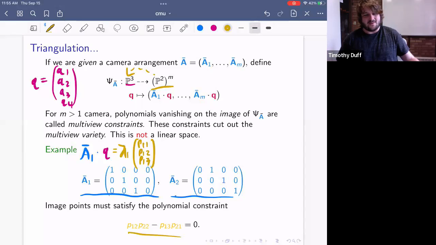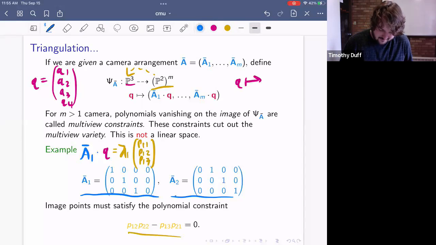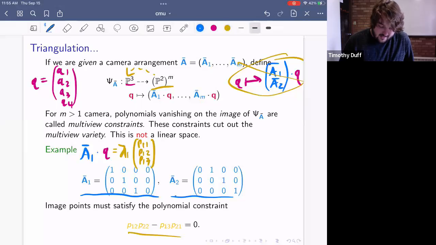And in projective space, we can sort of ignore this depth, and you might think that, okay, well, isn't this map just sort of taking Q to some sort of block matrix times Q, like A1 bar over A2 bar times Q? Well, the answer sadly is no, because for each camera, the depth of the world point is different.